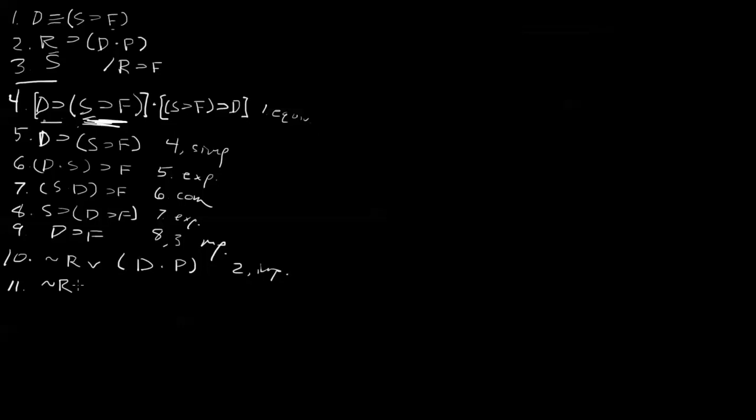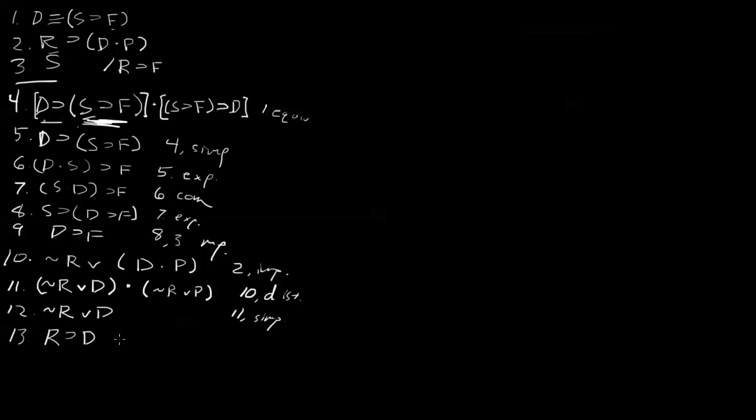So distribution allows us to do not R or D and not R or P. And that is from 10 distribution. All right, now 12, we can use simplification to just give us not R or D. That is 11 simplification. And 13, now we can use implication again to give us if R, then D. Ah, there we are. 12 implication.